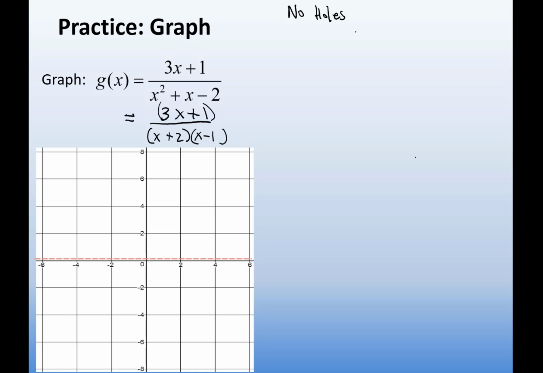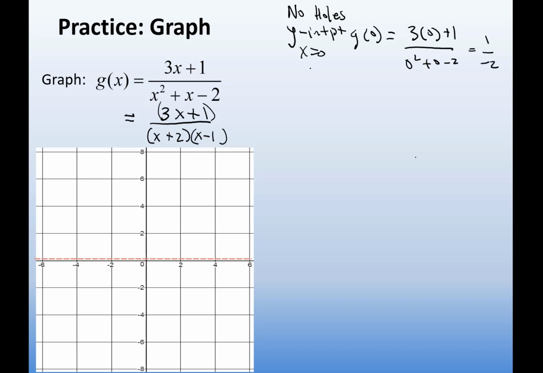is the x-intercept point. Or let's do the y-intercept point first. Okay, so I'm going to plug in x equals 0. So we've got to do g of 0. And that means 3 times 0 plus 1 over 0 squared plus 0 minus 2, which is basically 1 over negative 2.